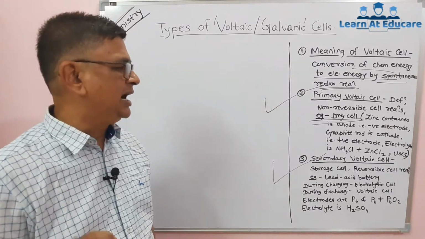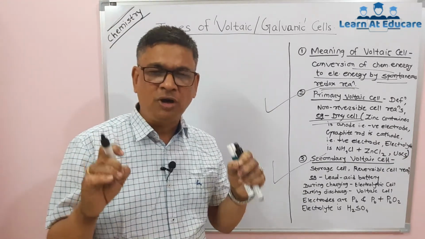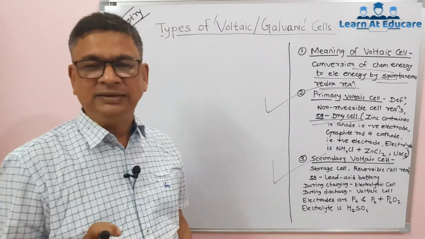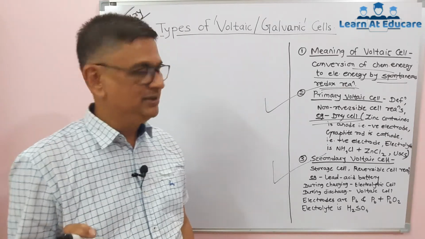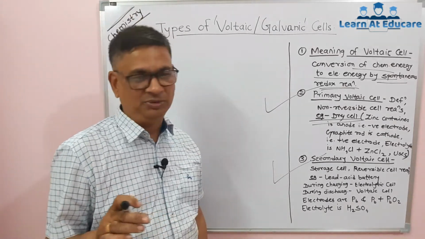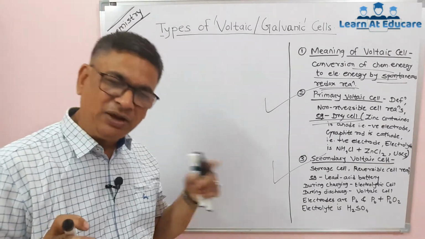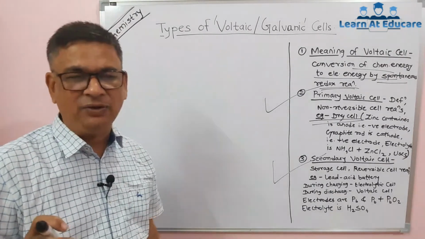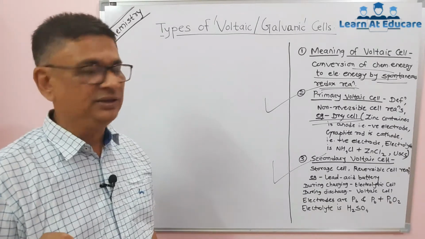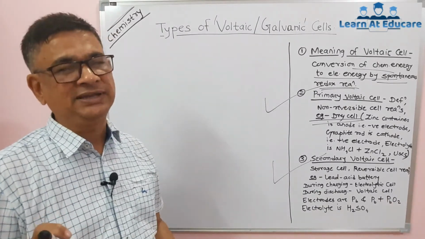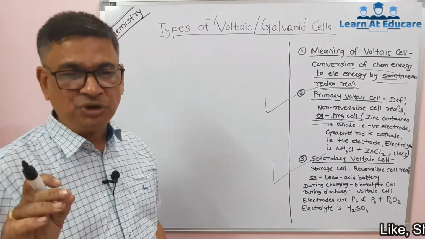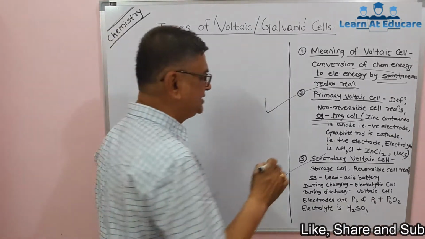Once they stop working, they cannot be recharged. So these are non-rechargeable cells. Their cell reactions cannot be reversed, so we cannot get the original chemicals at anode and cathode, and this is the reason they are out of use once they stop working.